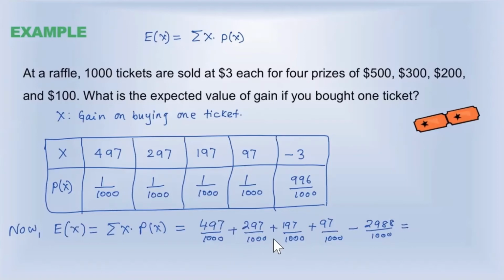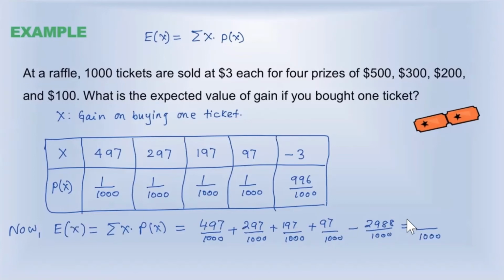See, we have a common denominator of 1000, no doubt on that. So the denominator is 1000. In the numerator, you have to do 497 plus 297 plus 197 plus 97 minus 2988. Please unmute yourself. I can hear some noise at the back. Thank you. Okay, please add these numbers: 497 plus 297 plus 197 plus 97 minus 2988.